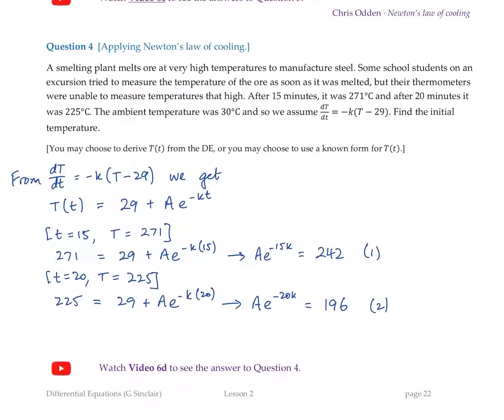To resolve this, we're going to do division using index laws as our friend.